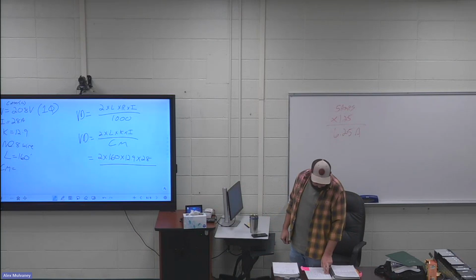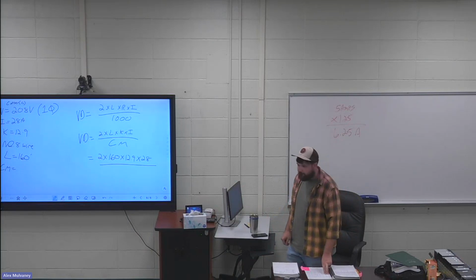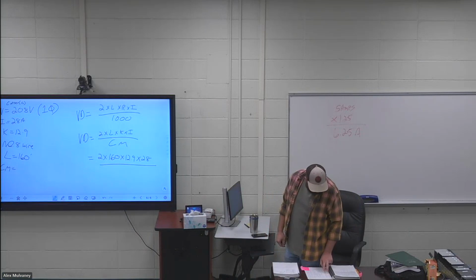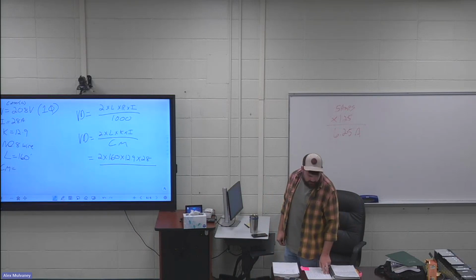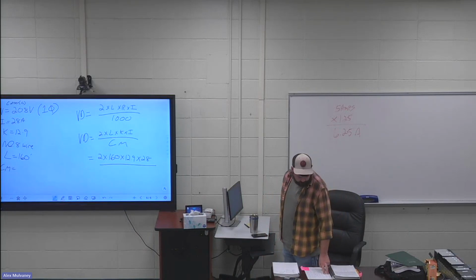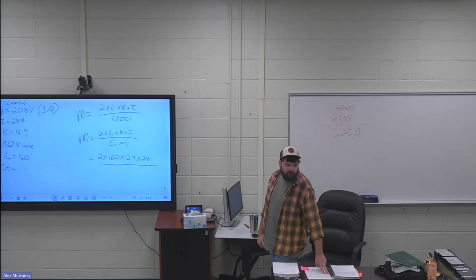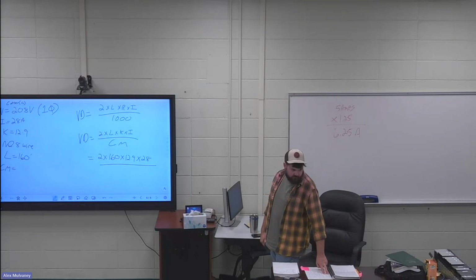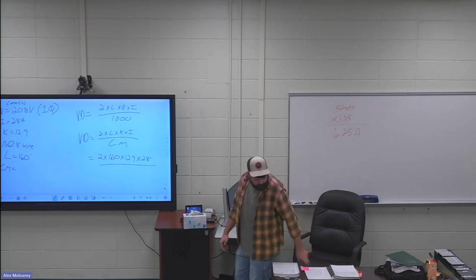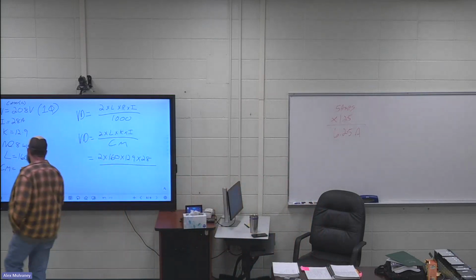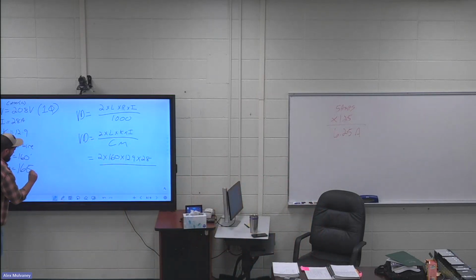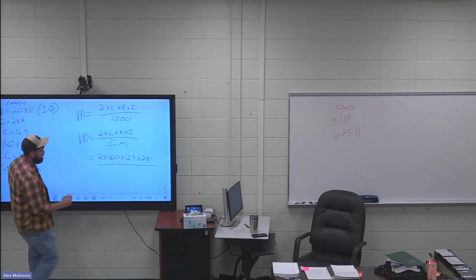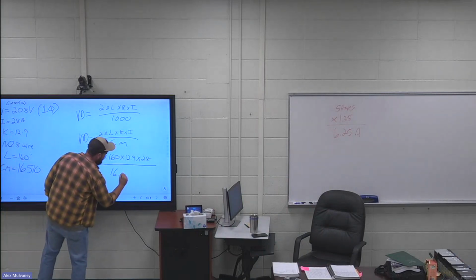And what's our circular mills? Number 8 wire: 16,510. Does everybody see that? Chapter 9, Table 8, circular mills is 16,510. I know I'm not good at that.